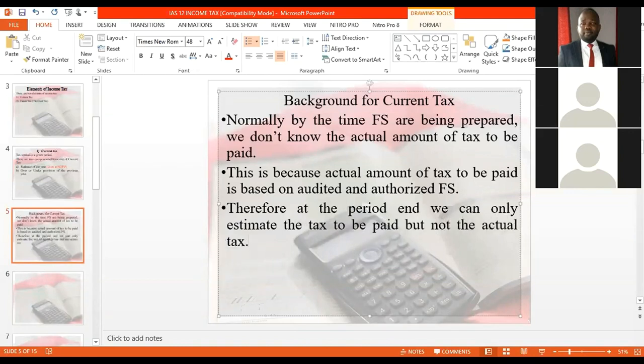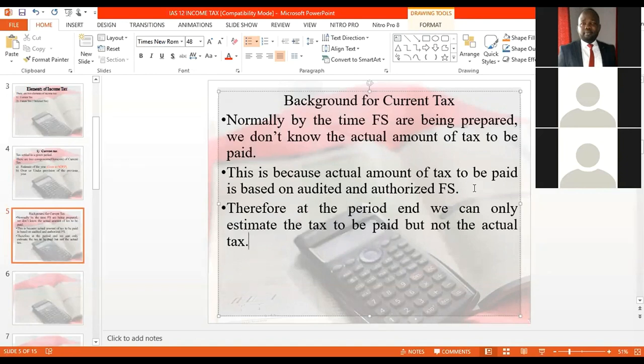So that is the introduction that I wanted to bring out. Because by the time you are preparing financial statements, you don't know the actual amount of tax that you will pay, because actual is based on audited and authorized financial statements. So by 31st December, the financial statements have not been audited.